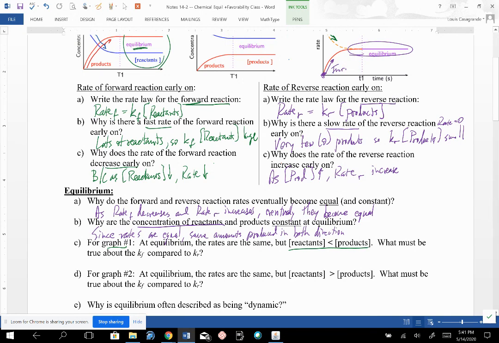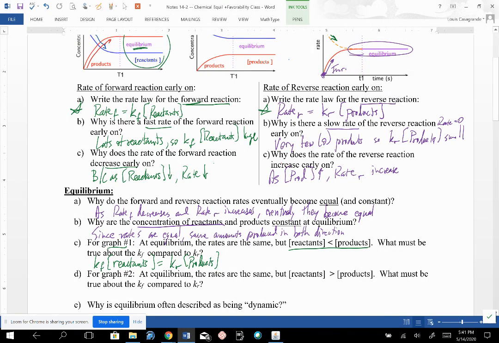So what we're going to do is let's set the two rates equal to each other. So the rates are equal to each other, which means that the Kf times the reactant concentration is equal to the Kr times the product's concentration.